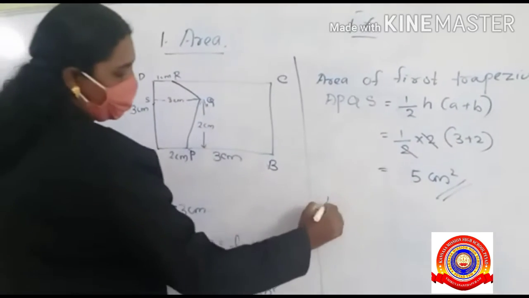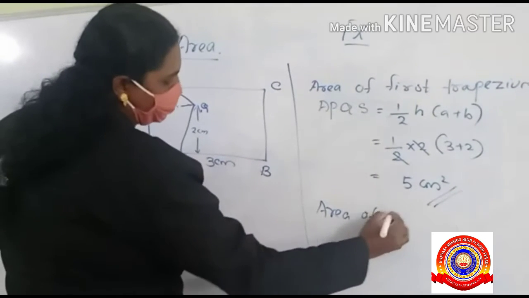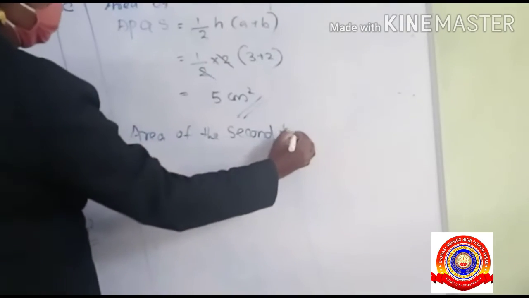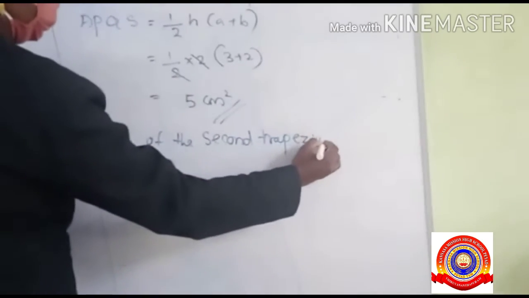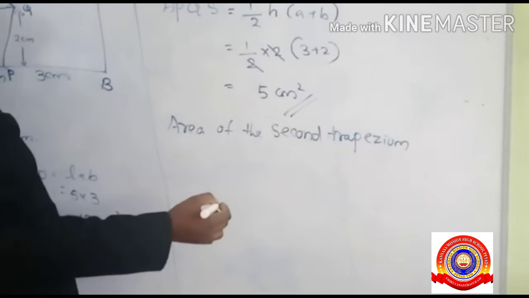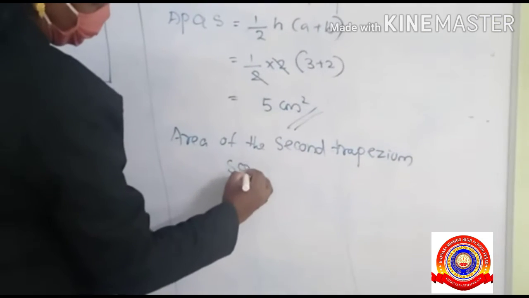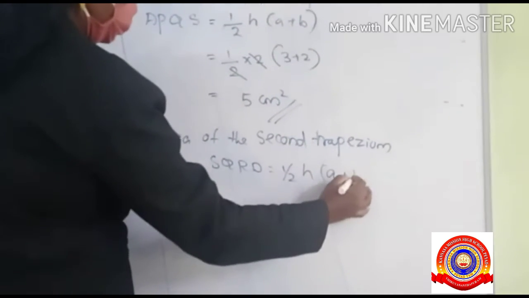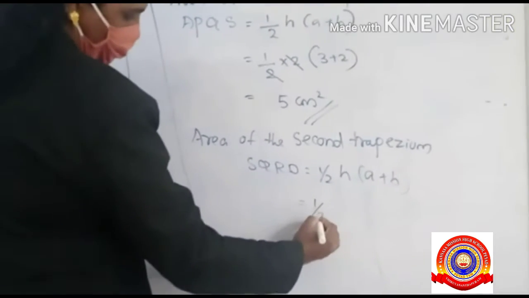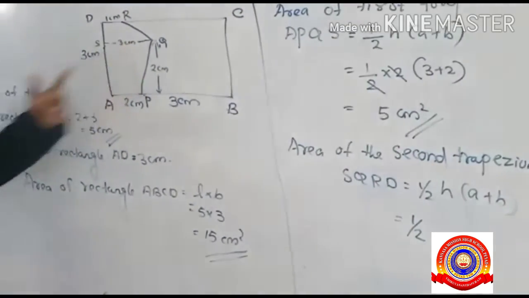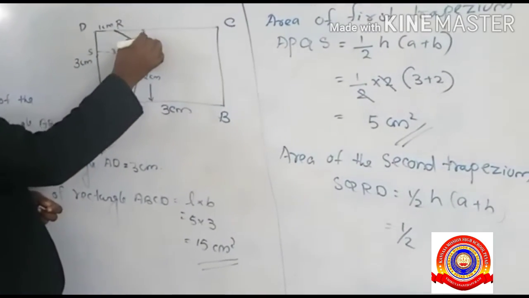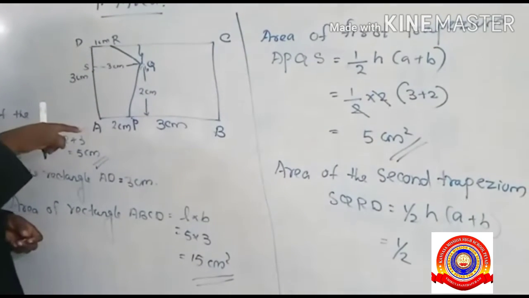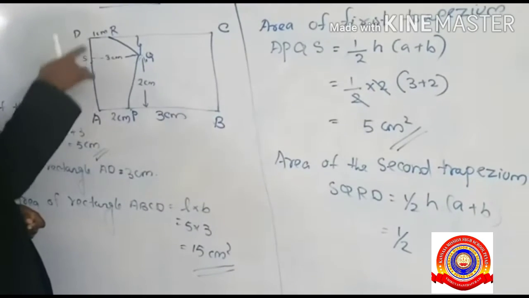Next we have to calculate the area of second trapezium SQRD. It is equal to half into h into a plus b. It is equal to half into, what is the height of the second trapezium? Yes, it is the height of second trapezium, but it was not given.